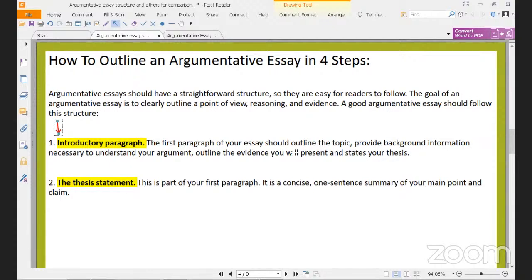Number 2, Joe, the thesis statement. The thesis statement. This is part of your first paragraph. It is a concise 1-sentence summary of your main point and claim.